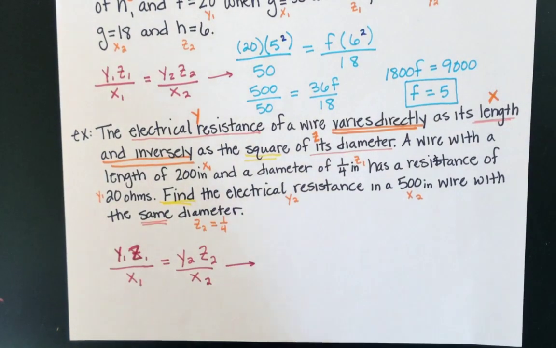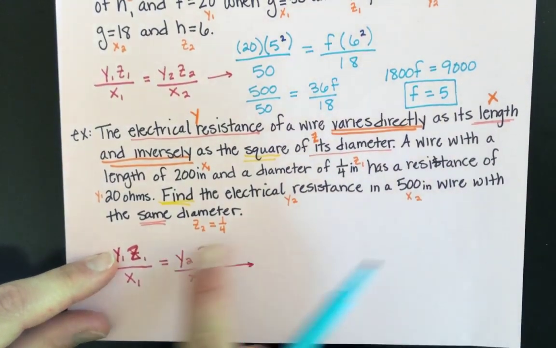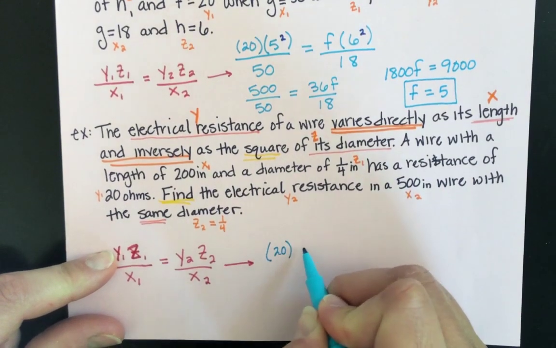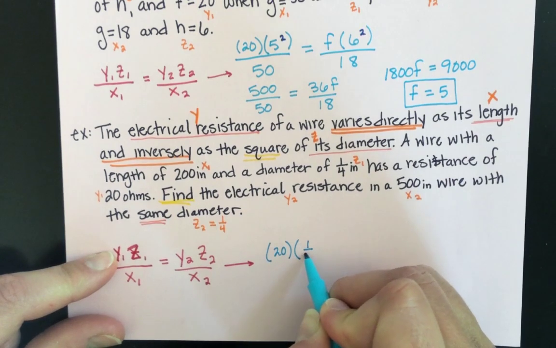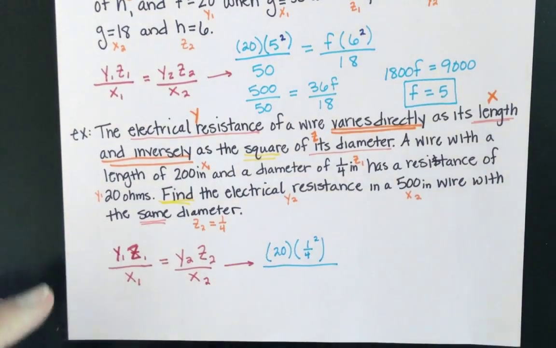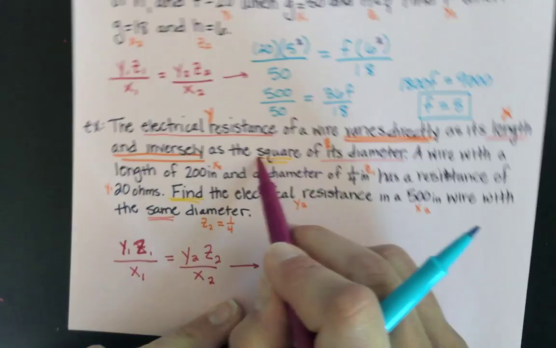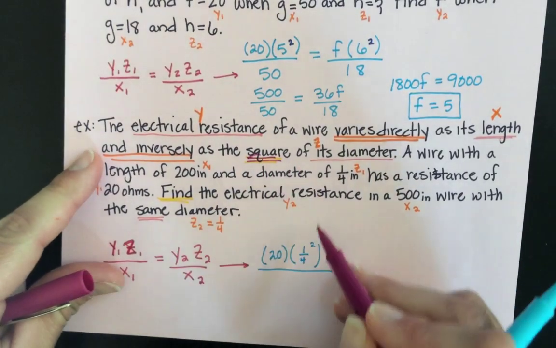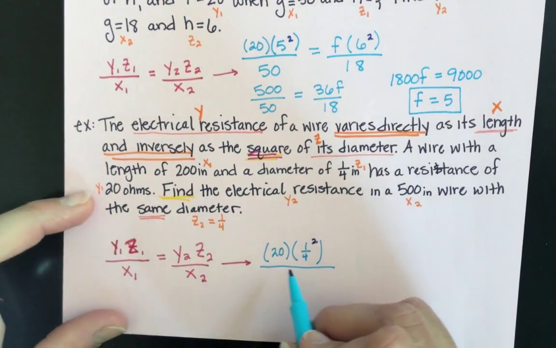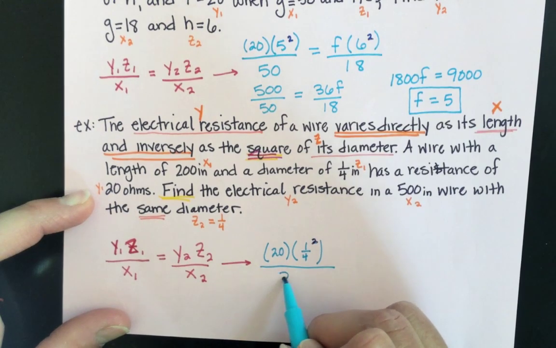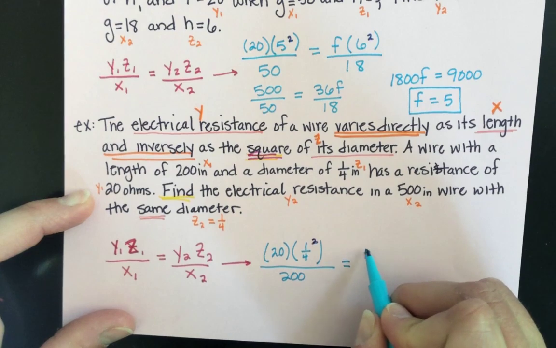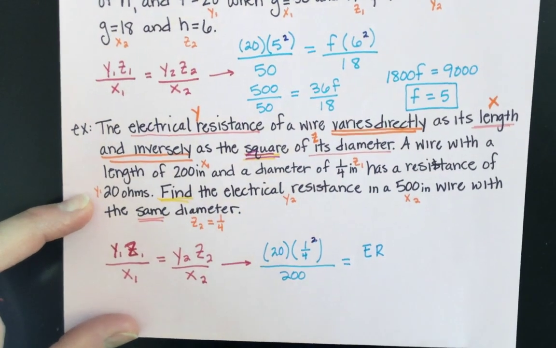And now we plug in. So Y1 is 20. Z1 is 1/4, and again, we're going to square it. And X1 is the length of 200. We don't know what our electrical resistance of the new wire is.